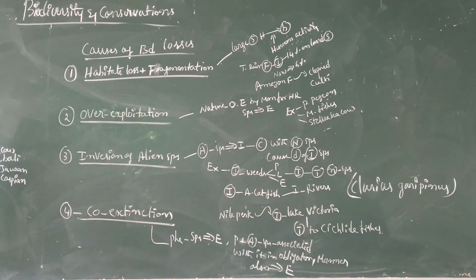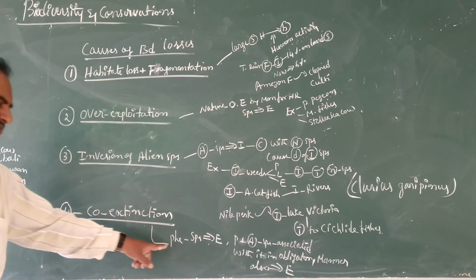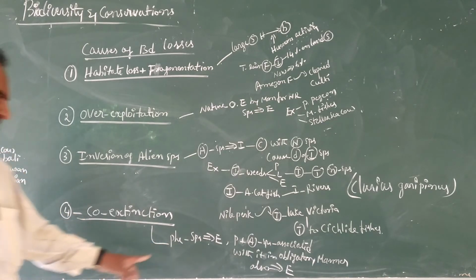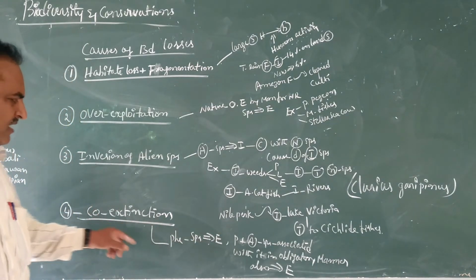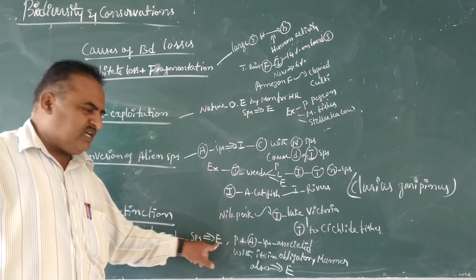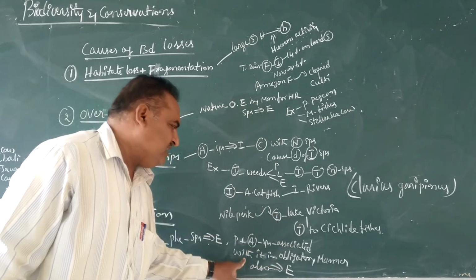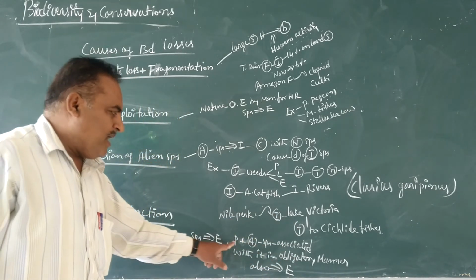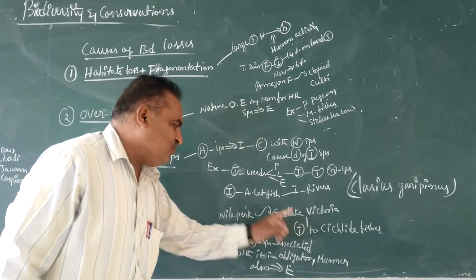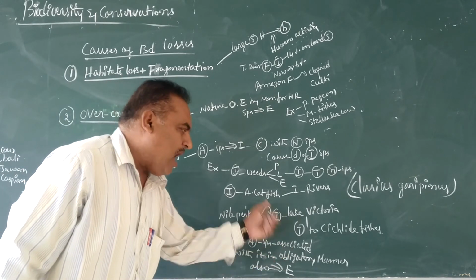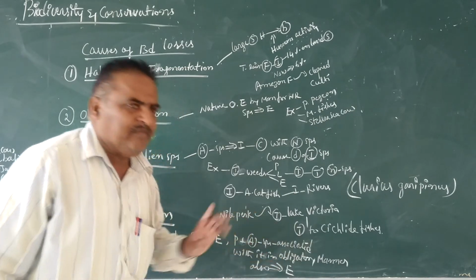And the last cause is co-extinction. Co means both are extinct: both the parasite and its host become extinct. Co-extinction is the phenomenon in which when a species becomes extinct, the plant and animal species associated with it in an obligatory manner also become extinct.